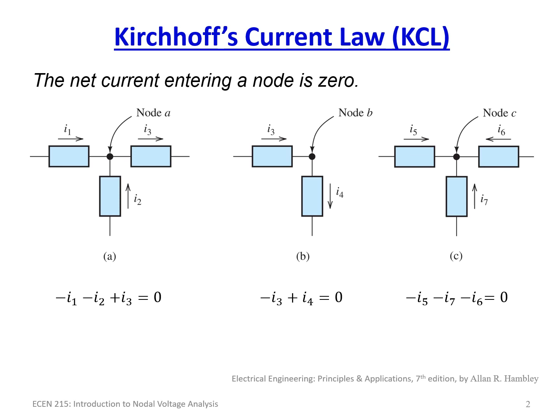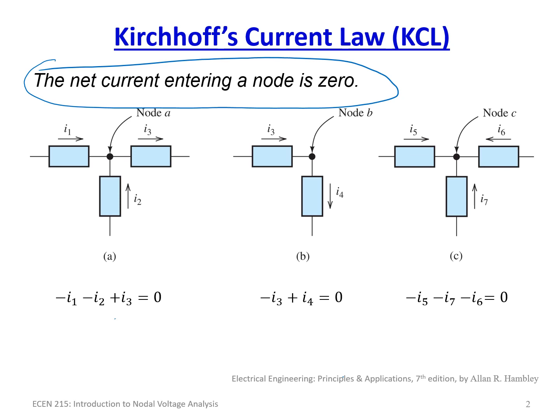So since I have arbitrarily said when I'm writing this equation that I3 needs to be positive, in other words, all current leaving the node will make positive, all current entering the node would be negative, then we can simply write minus I1 because it's entering the node, minus I2 again because it's entering the node, plus I3 since it's leaving the node, must be equal to 0.